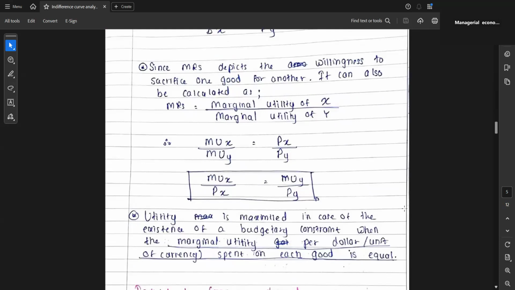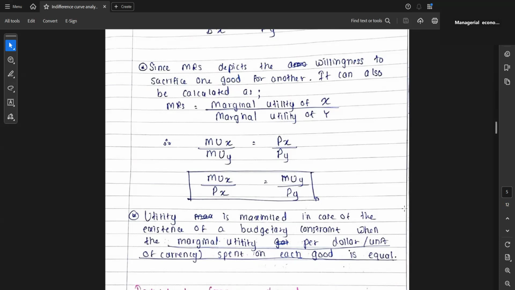Okay, so MRS, the marginal rate of substitution, can also be indicated like this: marginal utility of x divided by marginal utility of y, because the slope is like that because of diminishing marginal utility, because of the trade-off between the marginal utilities of the two products.